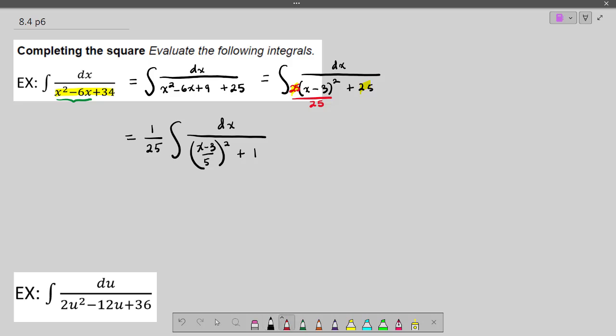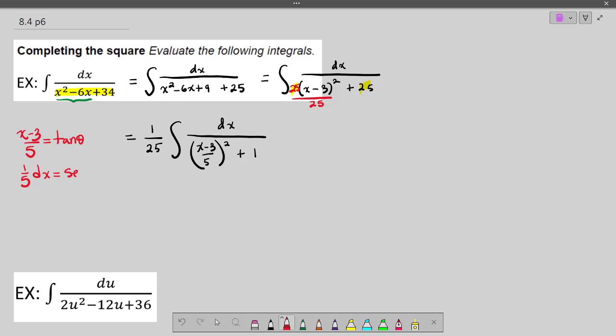Let's just notice what happens here when we do this. We're going to use this substitution. We'll take the derivative of both sides. On the left we have a line, so its derivative is the slope.